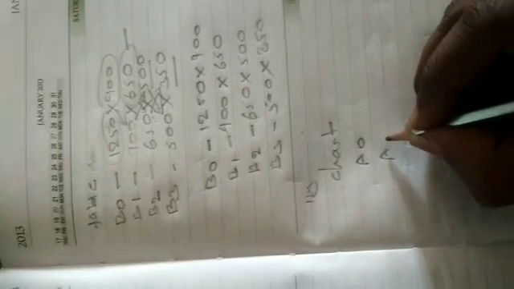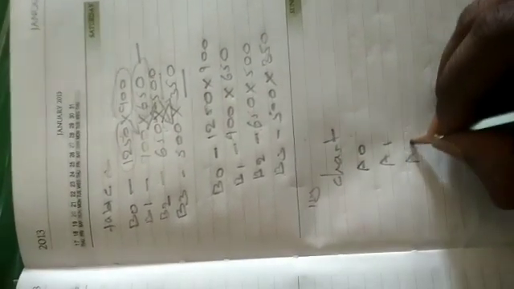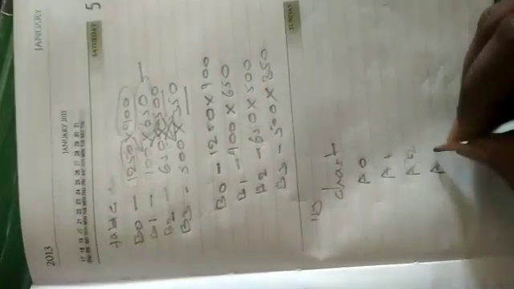These are mainly classified into types: A0, A1, A2, A3, A4, A5. Sorry, A5, that is enough.